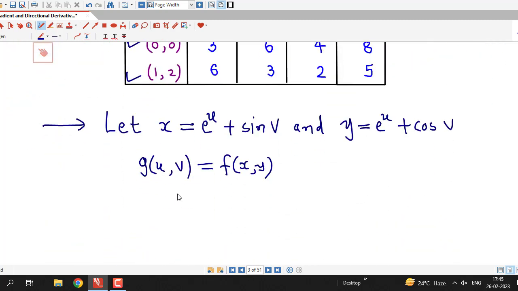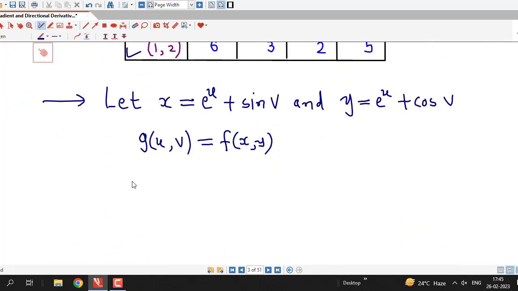So first we differentiate g partially with respect to u, that is, we find del g by del u, and because g and f are equal, we can write this as del f by del u.